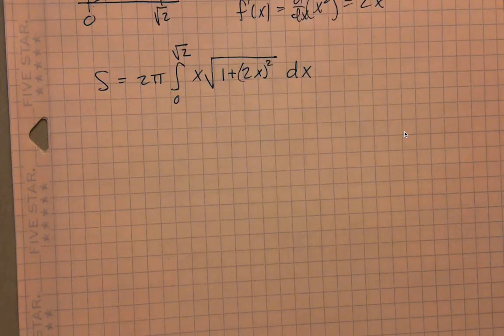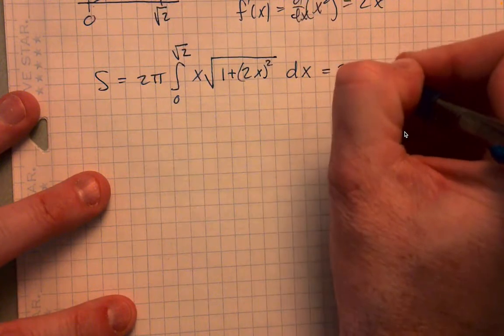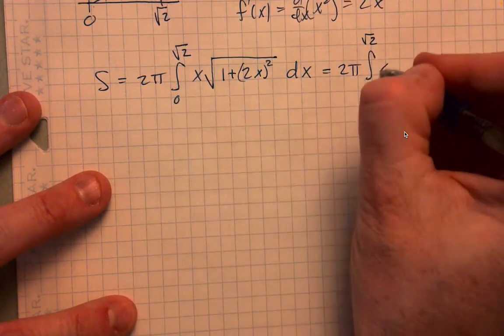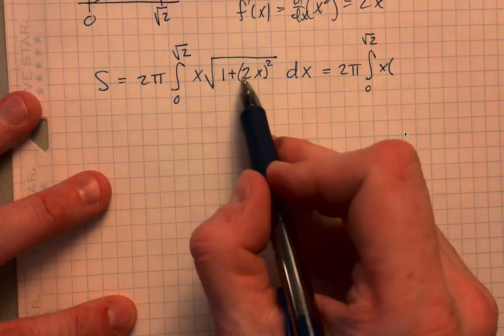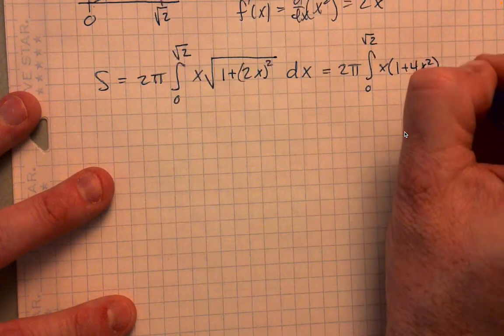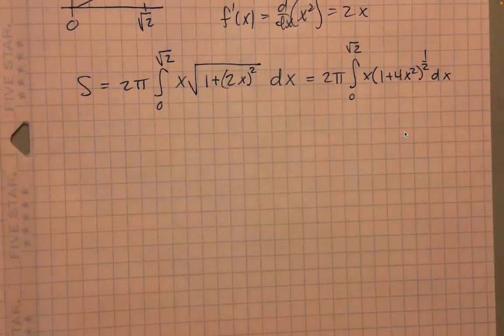Okie doke. This is 2 pi integral 0 to square root of 2. And so in here we've got the x, and then we've got 1 plus 4x squared to the 1/2 power dx. Okay. No problem.